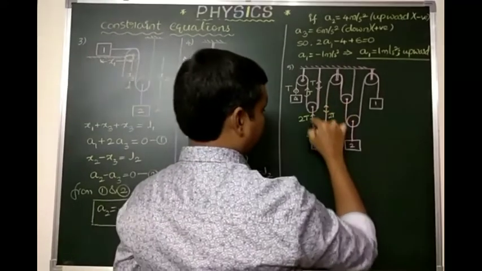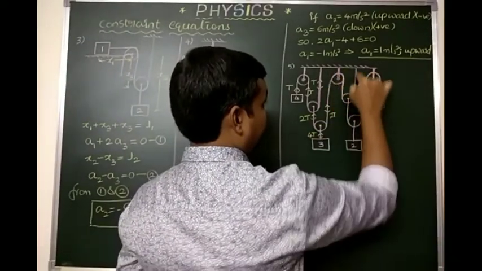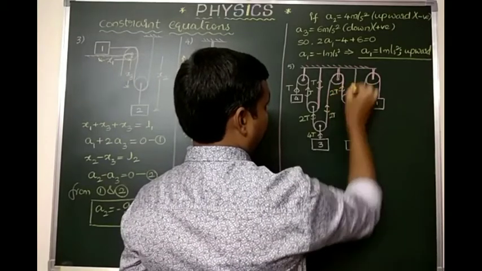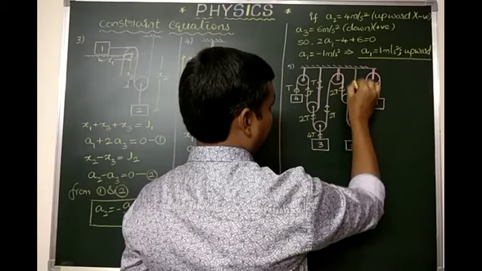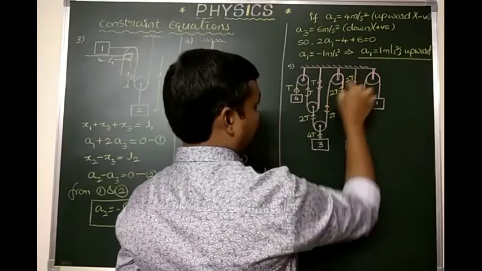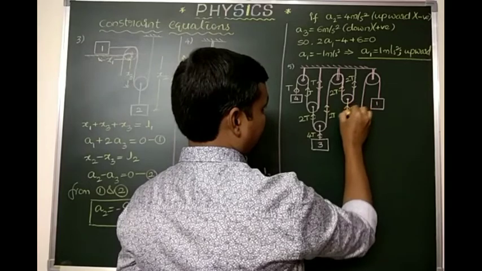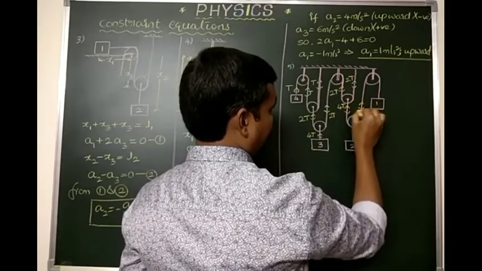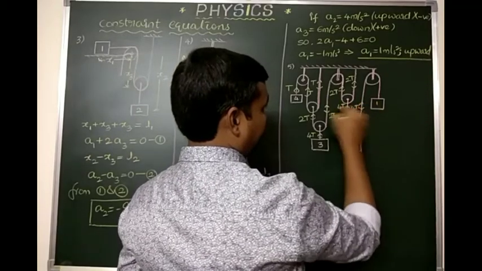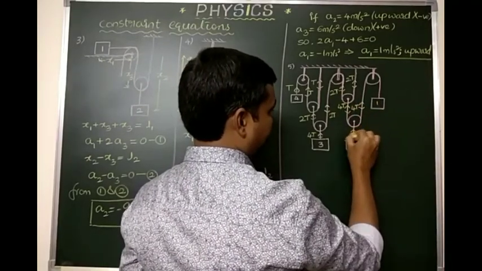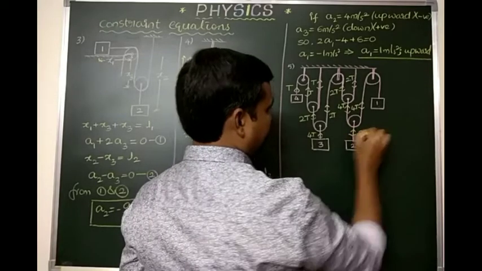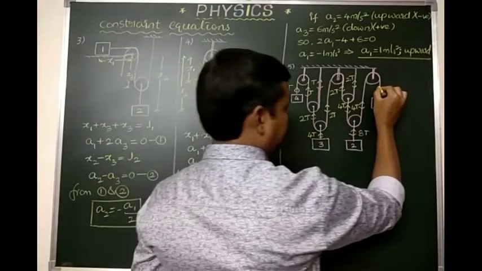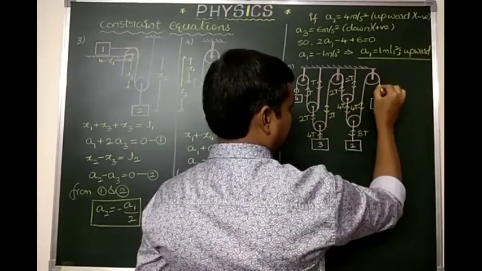And here this is the same string up to here, so this also gives you 2T, and this also gives 2T. 2T and 2T gives 4T. Here this is also 4T. 4T and 4T becomes 8T. 4 plus 4, 8, 8T.